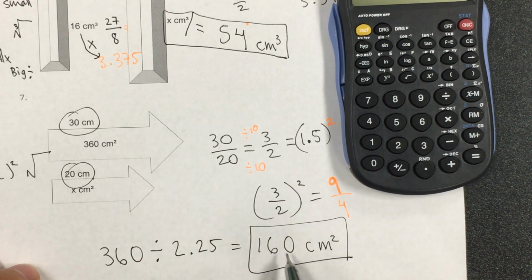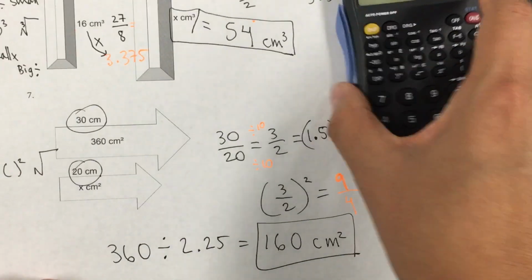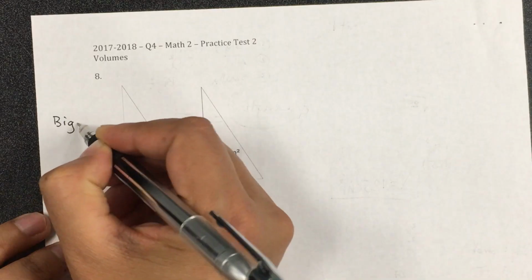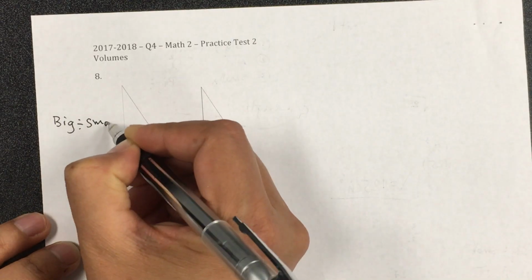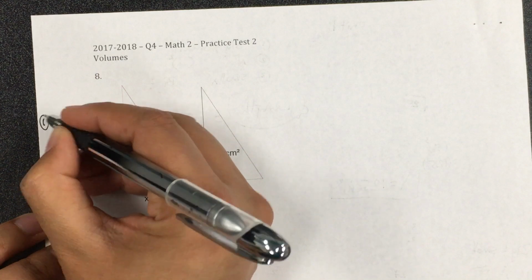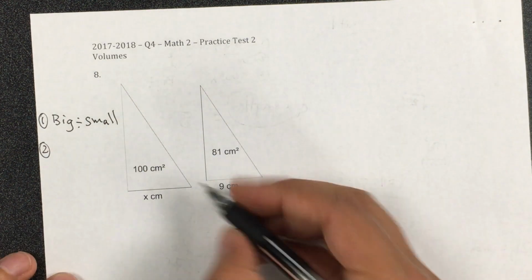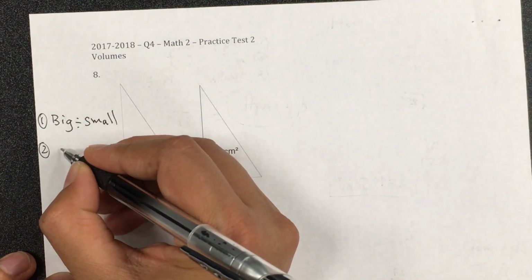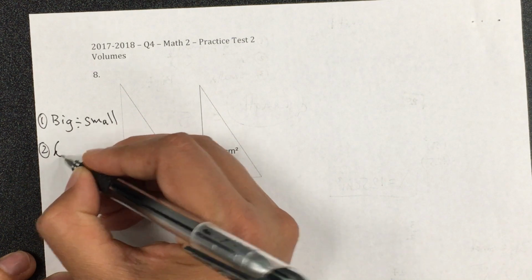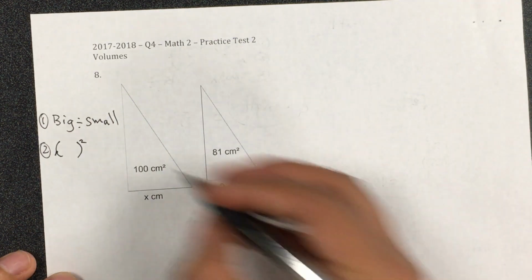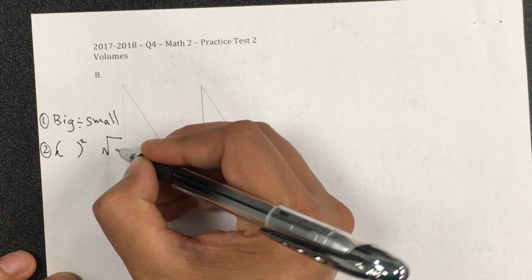X is equal to 160 square centimeters. To recap: the first step, divide big by small. The second step, because it's areas, we're going to either raise to the second power or take the square root.